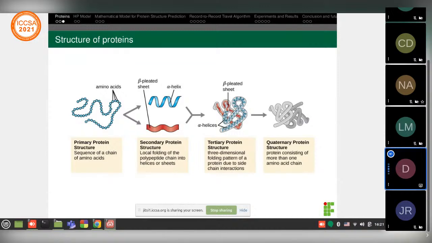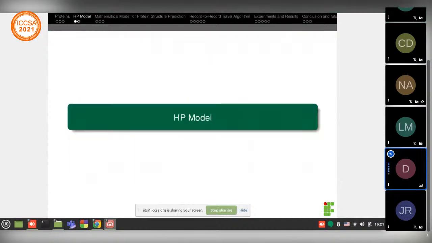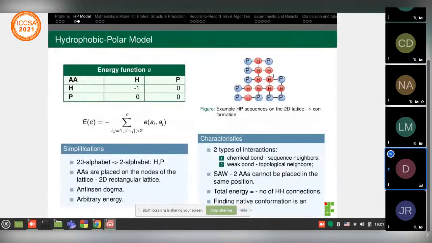Because the conformational space is immense, over time several models have been introduced in order to simplify the problem. I will go further with the hydrophobic polar model, because it is one of the simplest, which we chose, proposed by Dill in the 80s. It has the following simplifications.